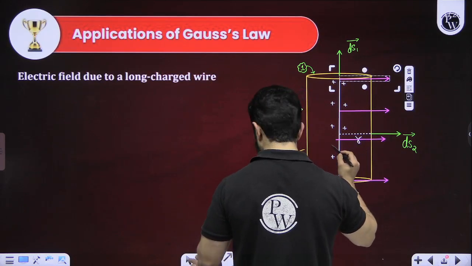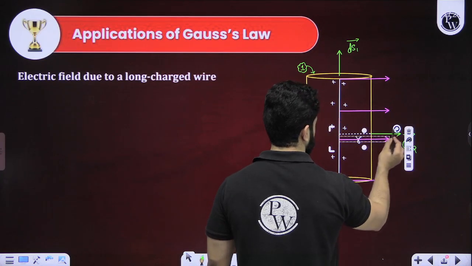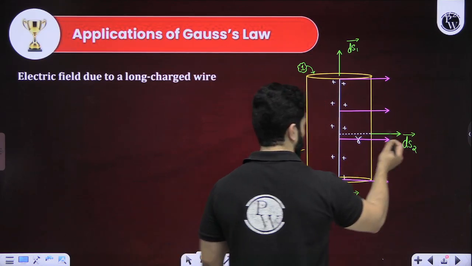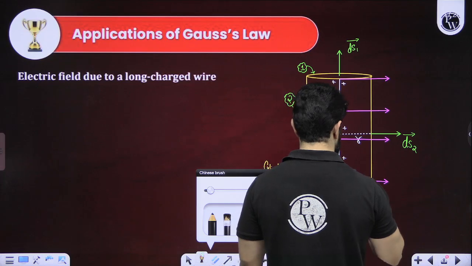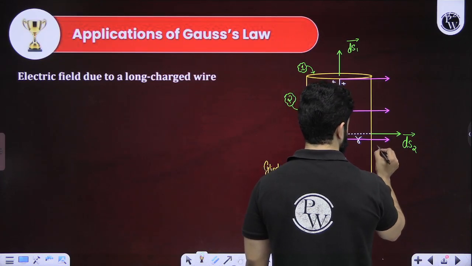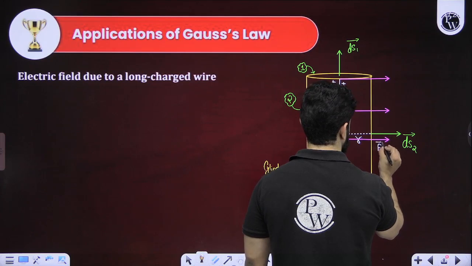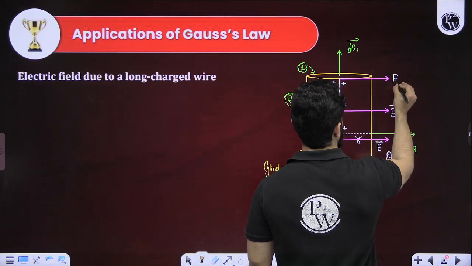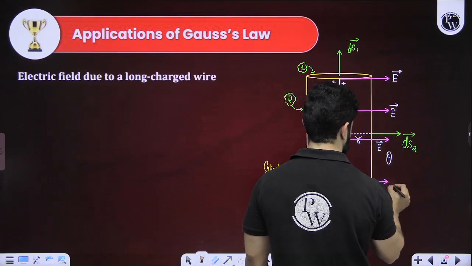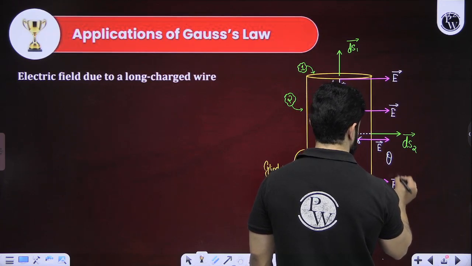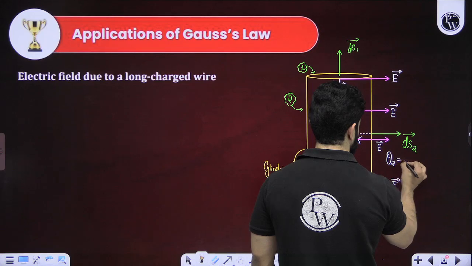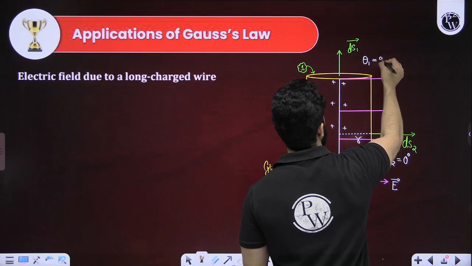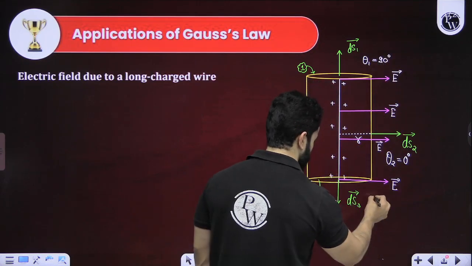So for all points, electric field is actually like this. Over here, the angle between these two is 0 degree. Over here, the angle between these two is 90 degree. Over here, the angle between these two is also 90 degree.